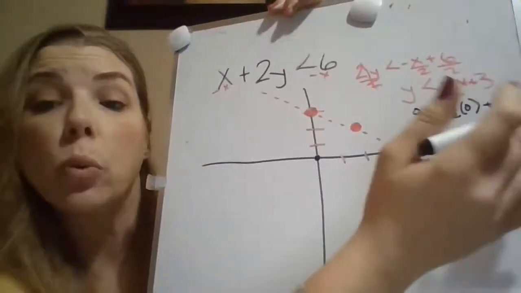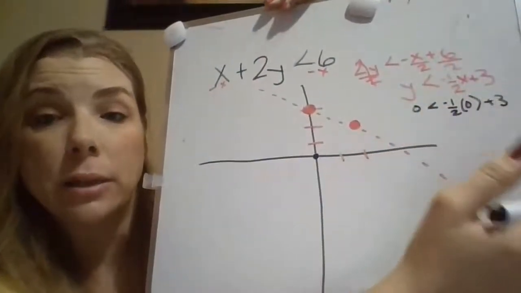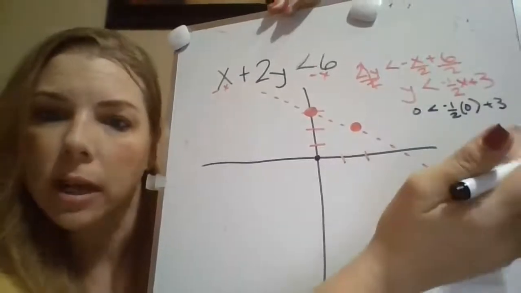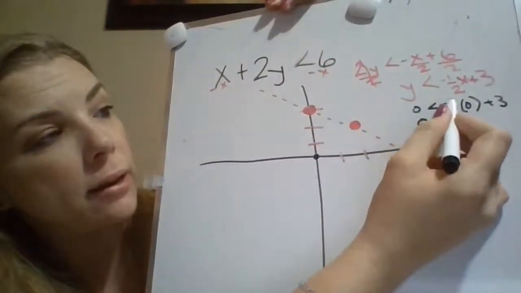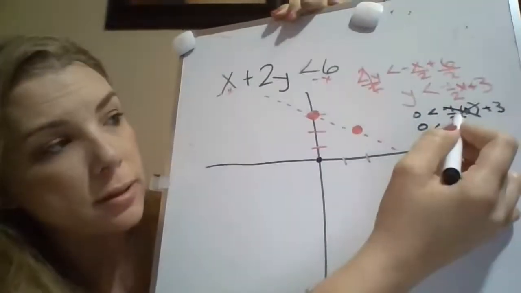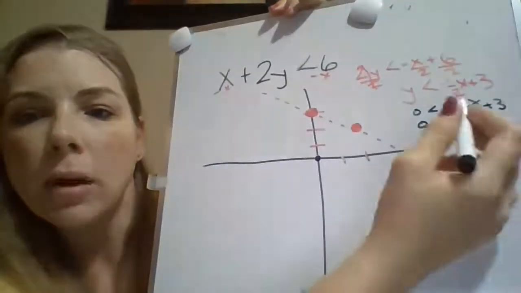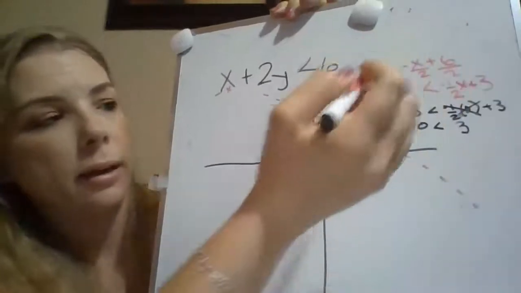If it is true, you cover the portion of the graph where 0, 0 is. If it is not true, then you cover the other side. So 0 less than -½ times 0, that kind of just disappears, right? It's 0. 0 plus 3 is 3. Is 0 less than 3? Yeah, 0 is less than 3, okay?